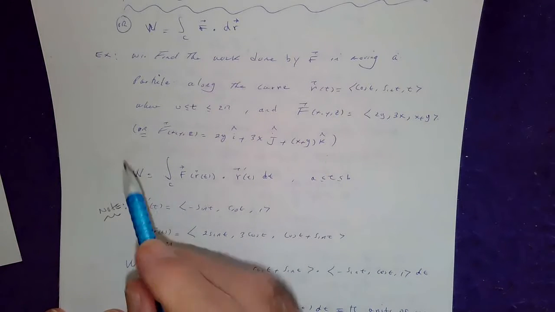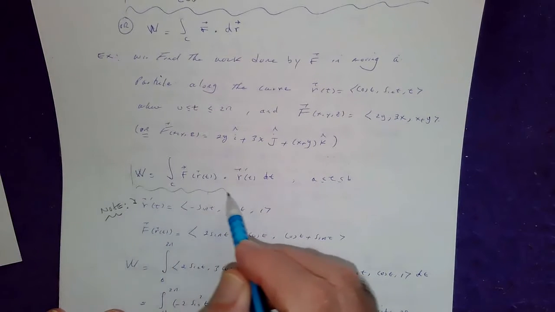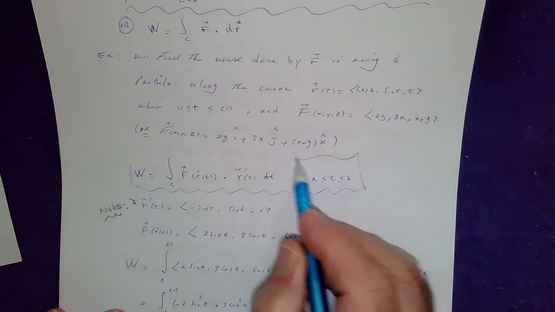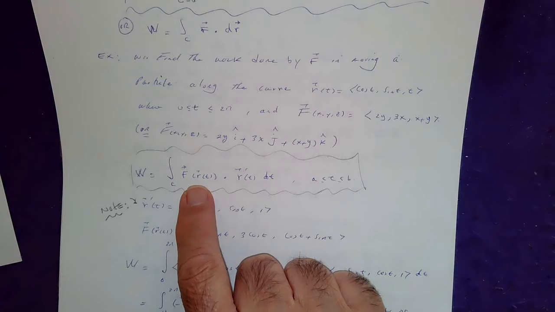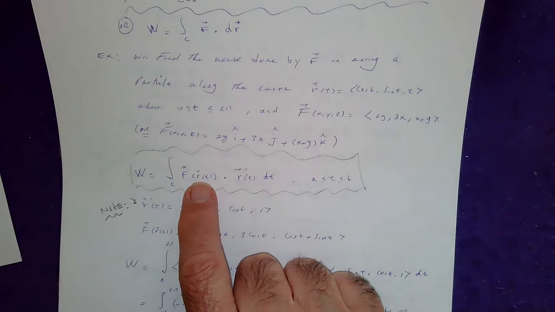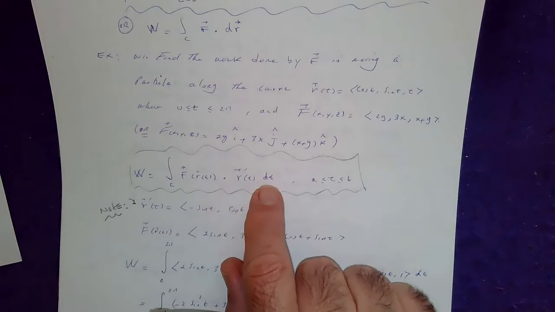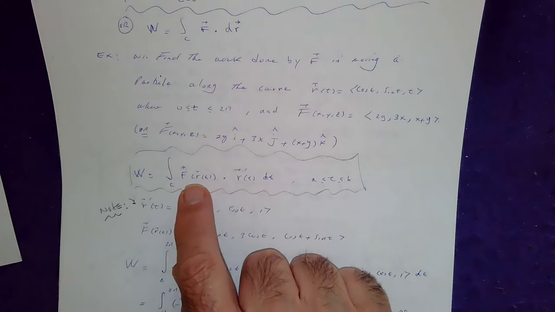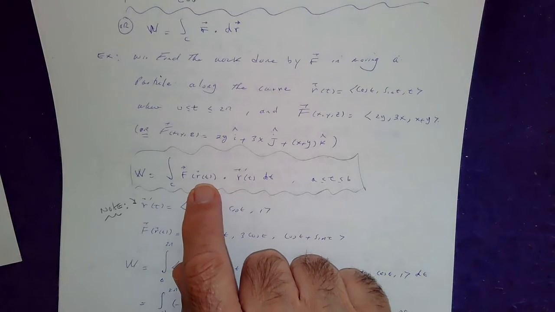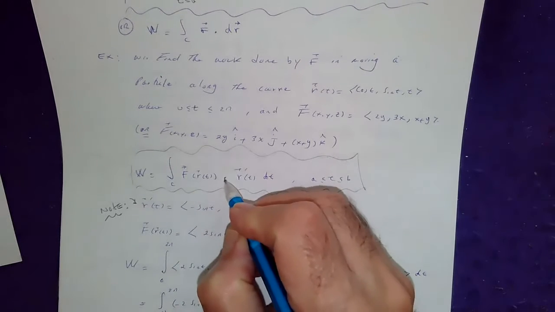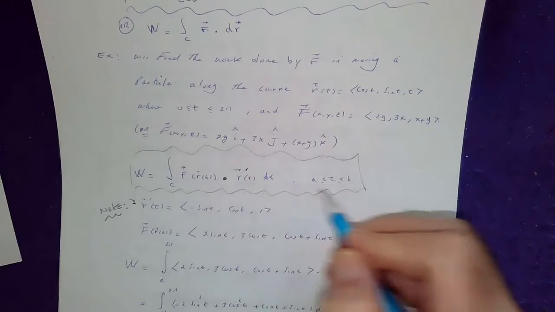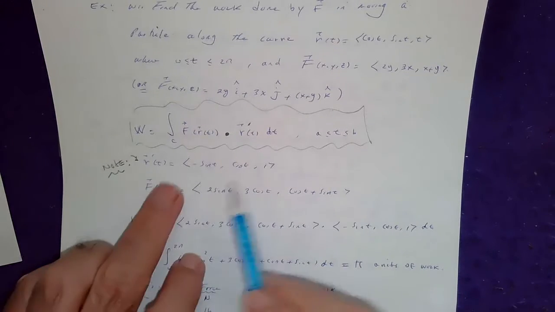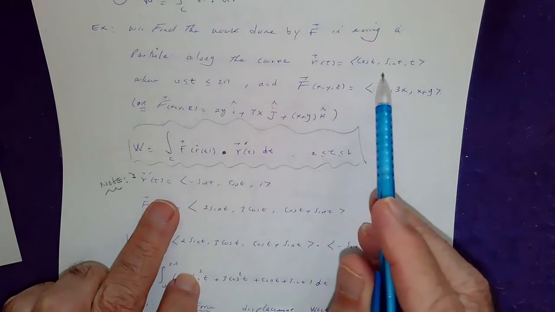Remember, this was the formula. The work is equal to the line integral over the vector field. In this scenario, the vector field is the amount of force, but it's just the horizontal component of the force, and this would be the displacement. So that would be F, expressed in terms of the parametric equation, dotted with, that's a dot product, r prime of t dt. So you take the derivative of your curve.